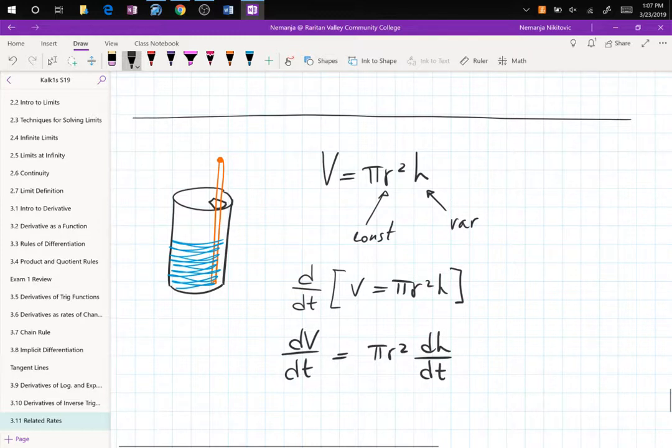Whoever is cleaning the gutter is at the top of the triangle, and the ladder creates the hypotenuse. There is the distance between the ladder and the house, x. There is the height of the house to the gutter, that's y. And it's the same as with the airplanes.